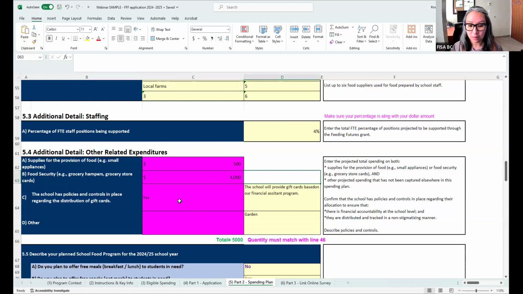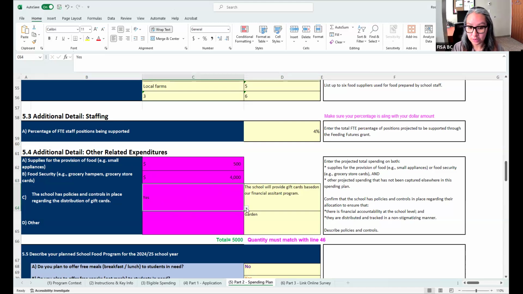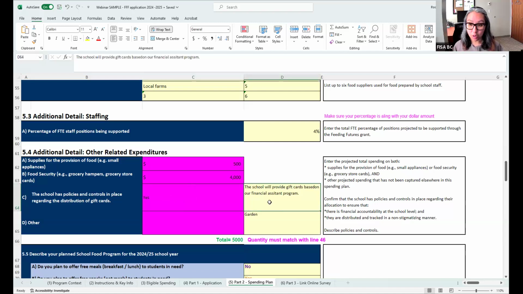And the last one will be, if you're using grocery cards, they say that you should have a policy in place. So you will see that the menu will be like this. You will say, yes, I do have a policy in place. Your policy doesn't have to be big or pages long. It has to be very clear, saying, yes, I know how I'm going to distribute my gift cards.